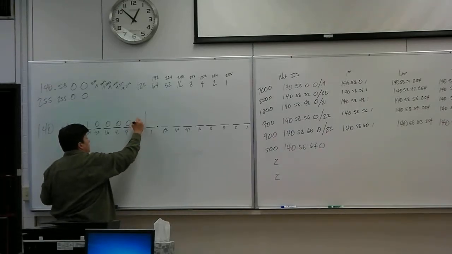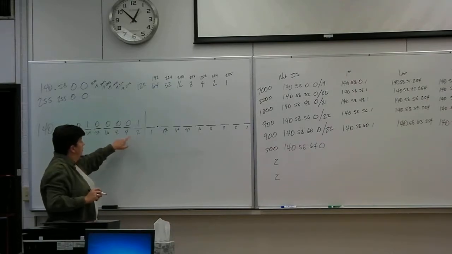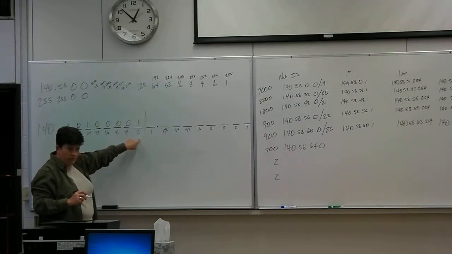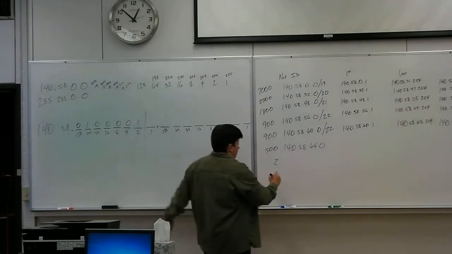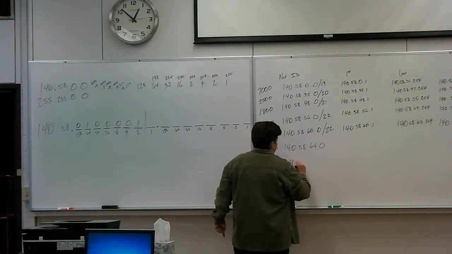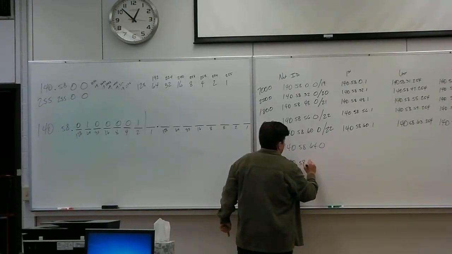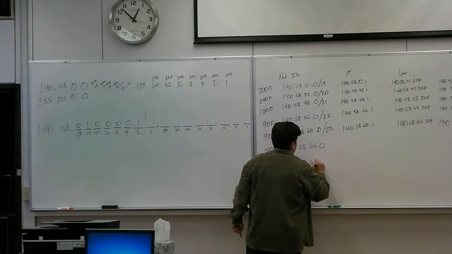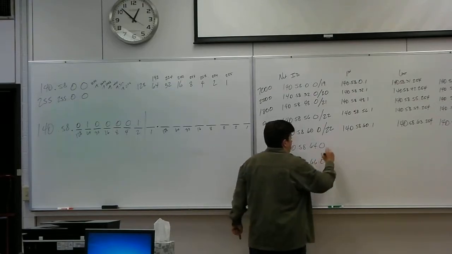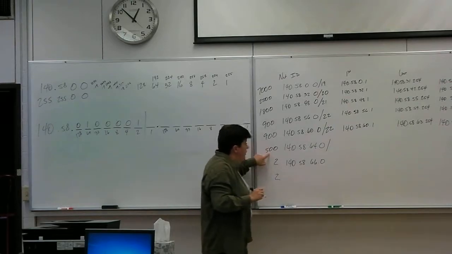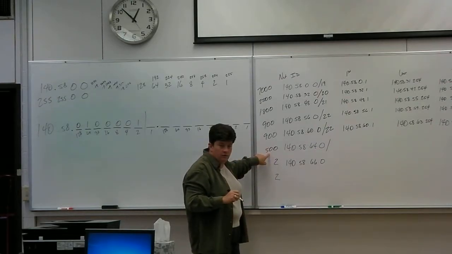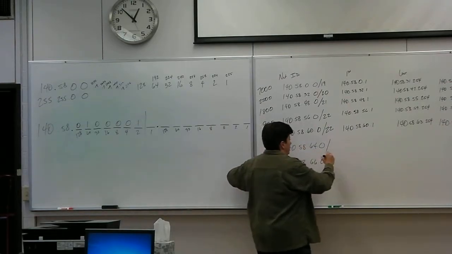Turn this bit on. Now 64 plus 2 is my next one. And my new subnet mask for the 500 is 23.